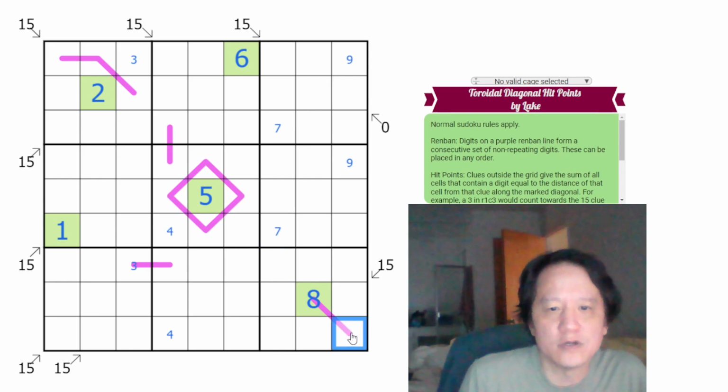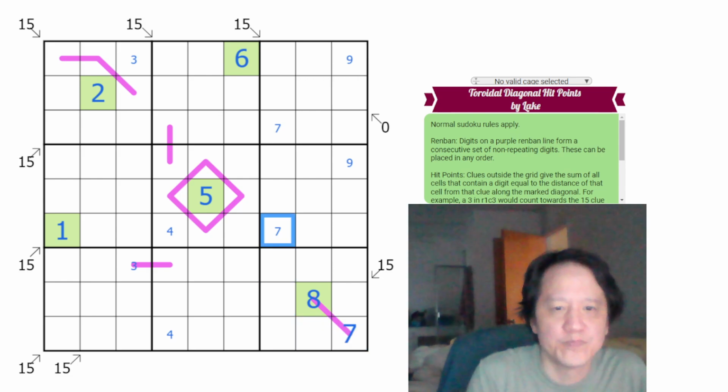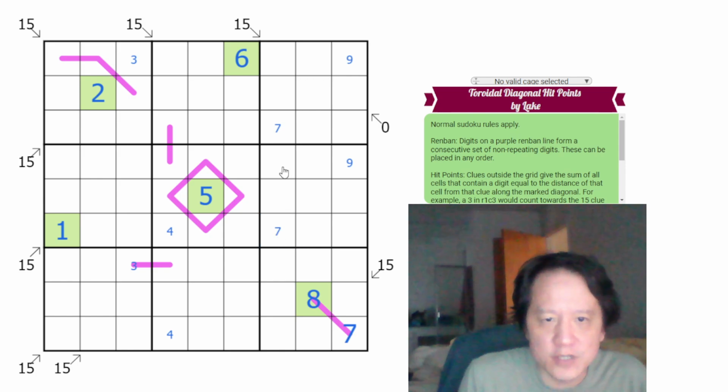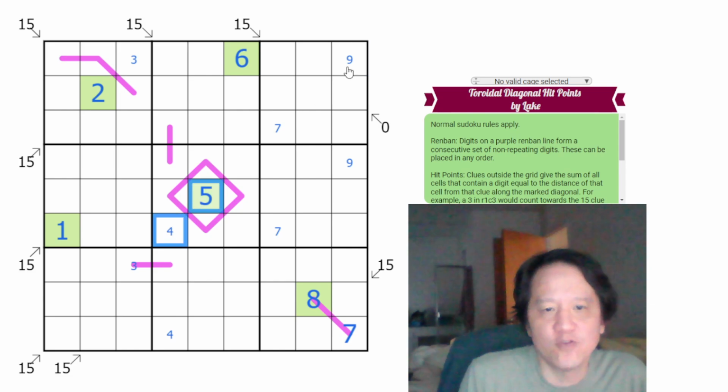Okay, so, whoops. This is 7. Okay. So 7 is one of these two. 4 is one of these two. Okay, so it has to be 3 and 7 and 4 and 9. Right? It cannot be 4, 5, and 7.